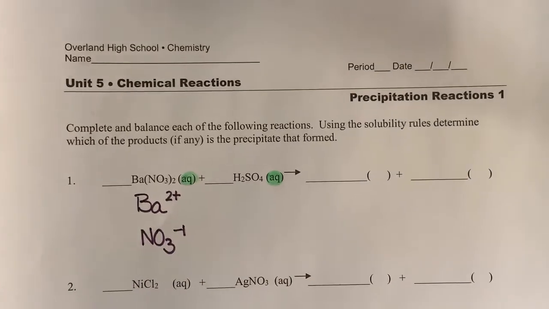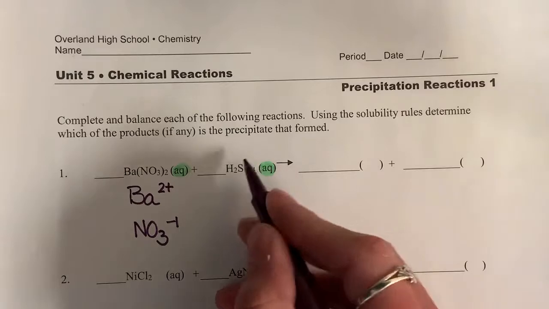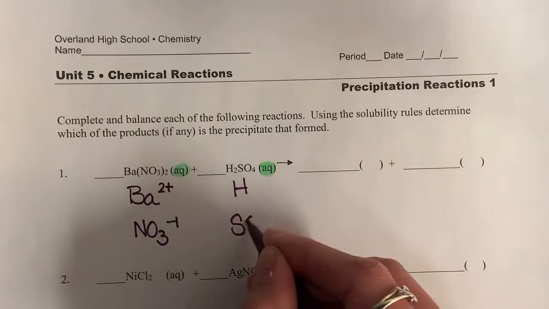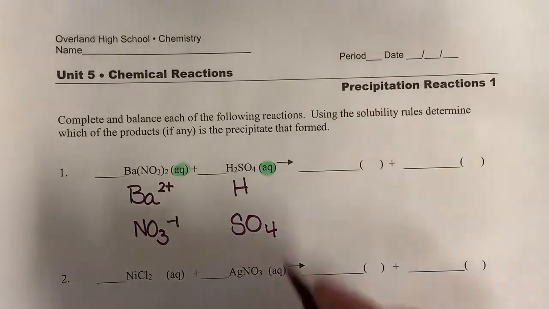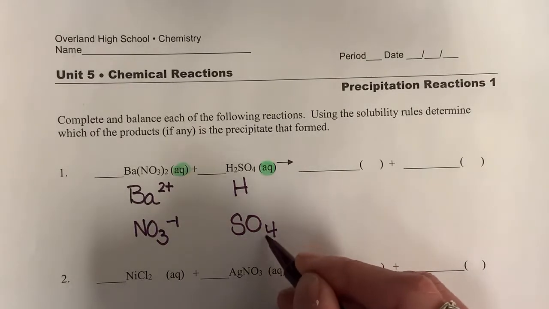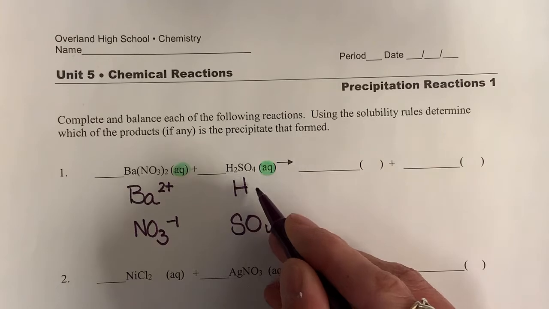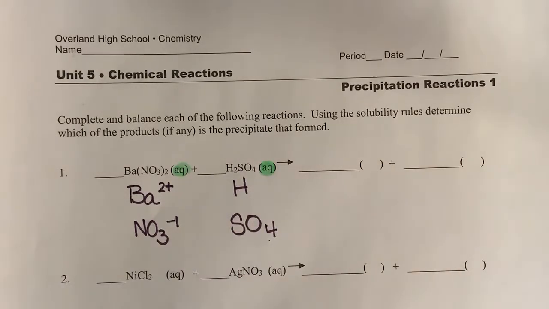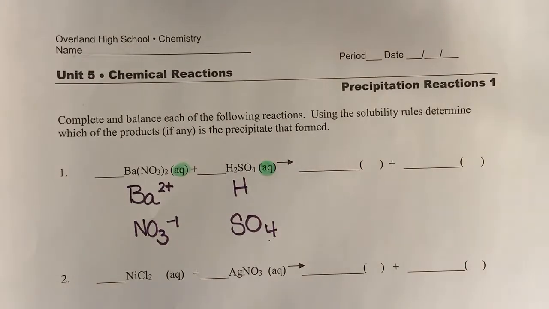Now the same thing happens to sulfuric acid. He's going to break apart into hydrogen and sulfate. Now sulfate keeps that little subscript of 4 because he's a polyatomic ion. Hydrogen is not a polyatomic ion, so I ignore this 2 for now. The 2 was only up here to balance charges.